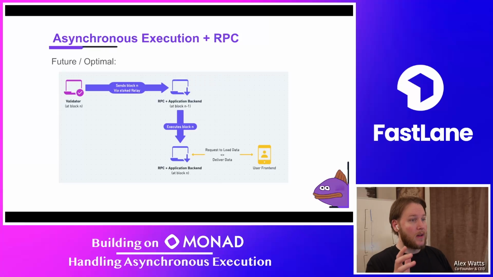You also don't have to worry as much about overloading. You don't have to worry about caching state or anything like that. The entire thing gets a little bit smoother, and the data flow to the app backend itself is now limited to just the actual block, right?